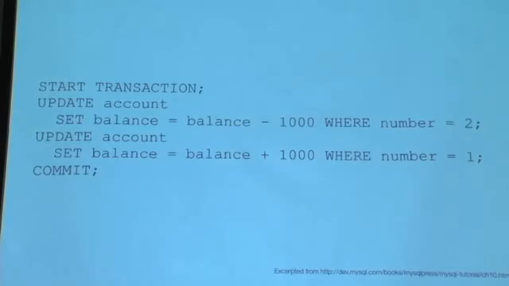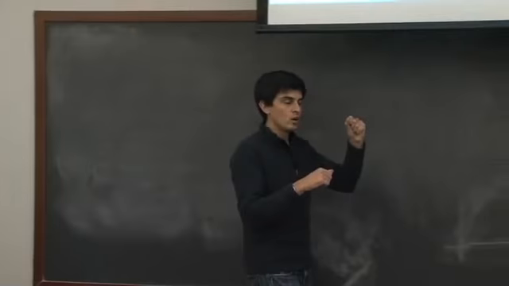So I'm going to start a transaction, and in that transaction I'm going to update account number 2, and set the balance to be $1,000 less than it was previously. And I'm going to, at the same time, update account number 1 to increase by $1,000. With this, you can avoid having a race condition because there's no time in between the two where $1,000 is just floating without actually being in any account.